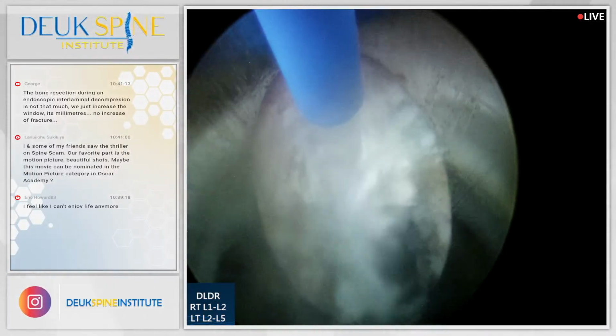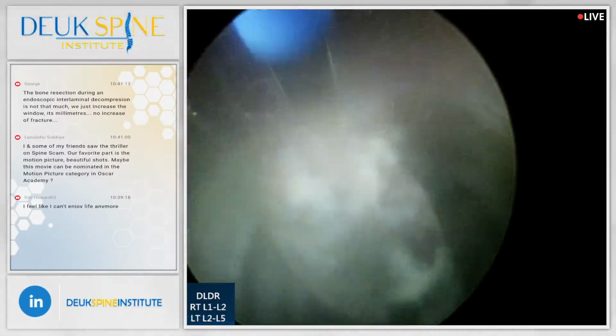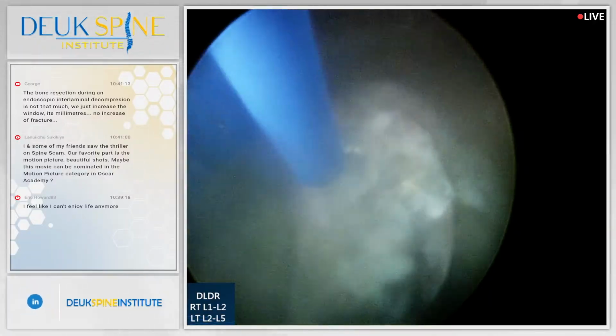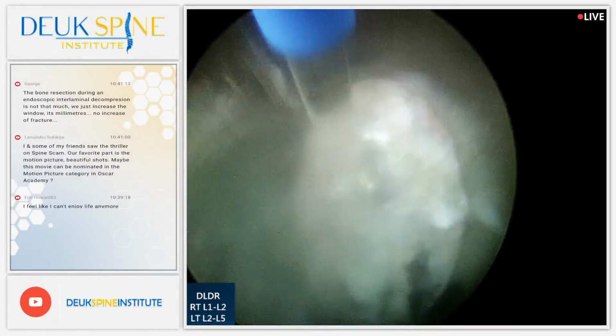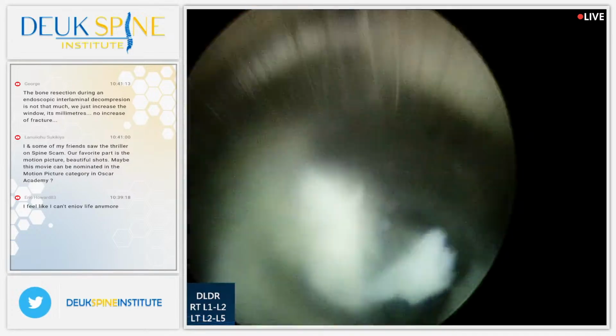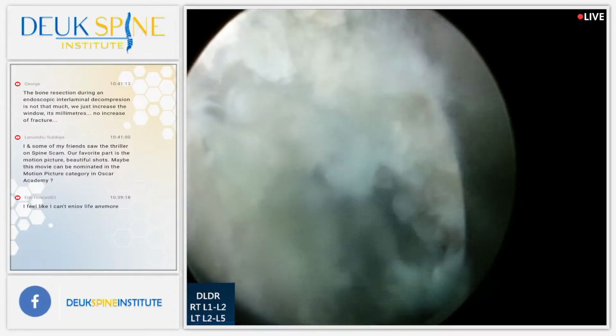And this will save the insurance companies hundreds of billions of dollars, and they don't even understand it. They're going to save hundreds of billions of dollars a year in America alone, and the rest of the world as well, by converting surgeries from the invasive fusions over to the Duke laser disc repair.